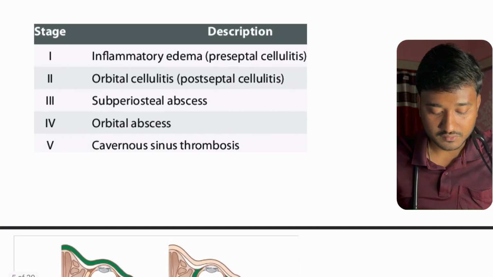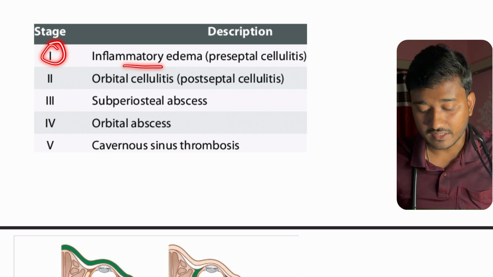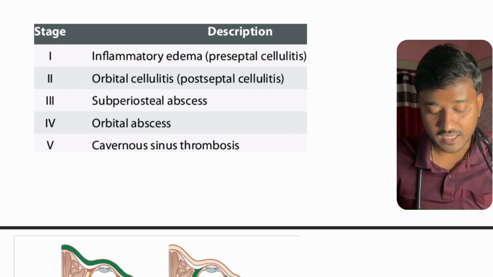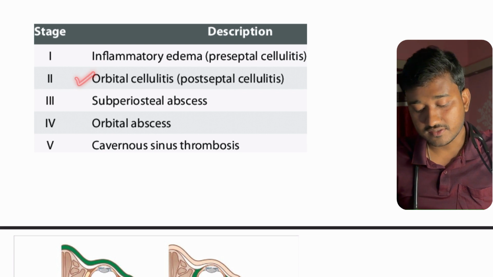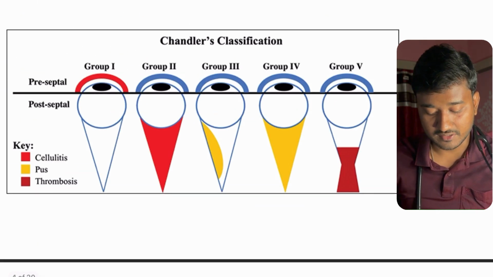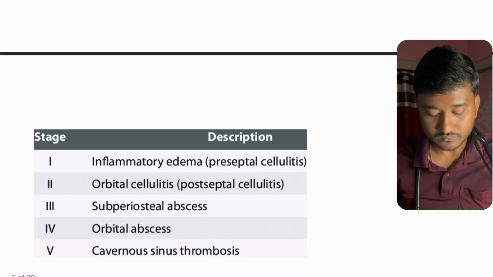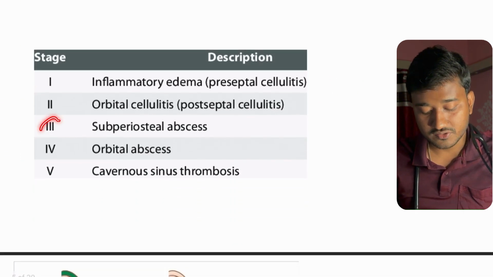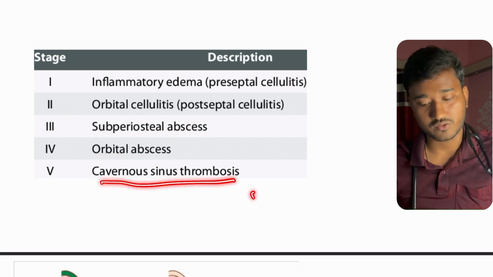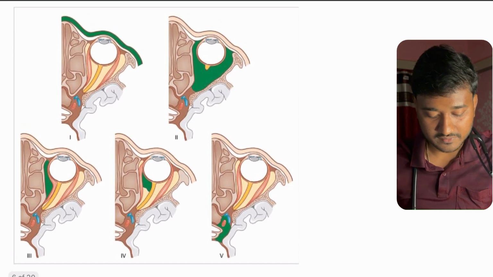So once again, group 1 is only inflammation and edema, basically preseptal cellulitis, inflammation in the eyelid that you can see. Group 2 is orbital cellulitis, that is post-septal cellulitis. Group 3 is your subperiosteal abscess, group 4 is your orbital abscess, and eventually in the last there is cavernous sinus thrombosis.